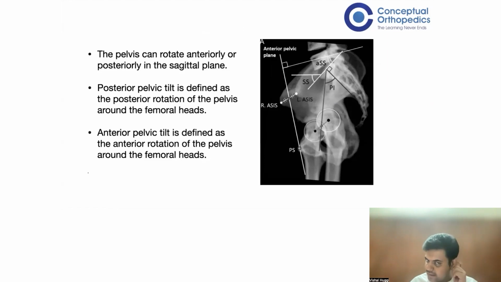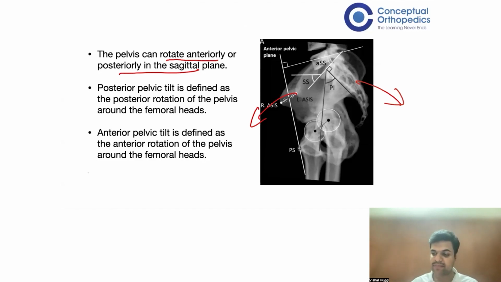Next, understand what happens. This pelvis can rotate anteriorly or it can rotate posteriorly, right? Which is the axis of rotation where the pelvis can move up and down?